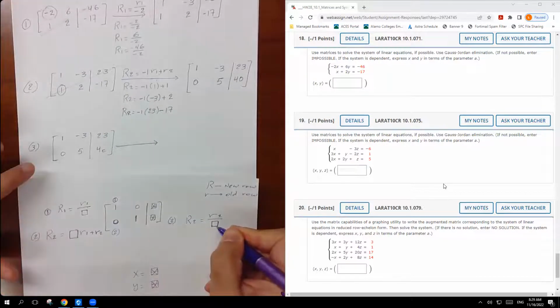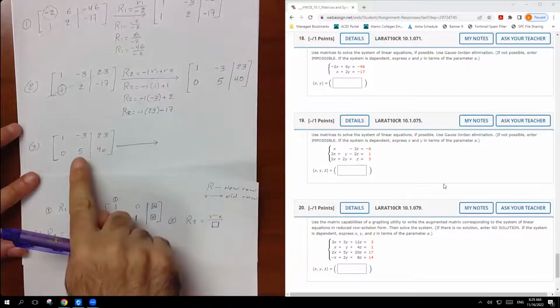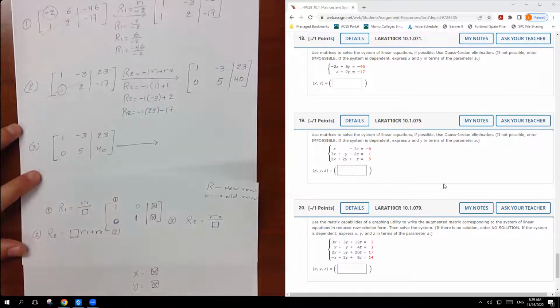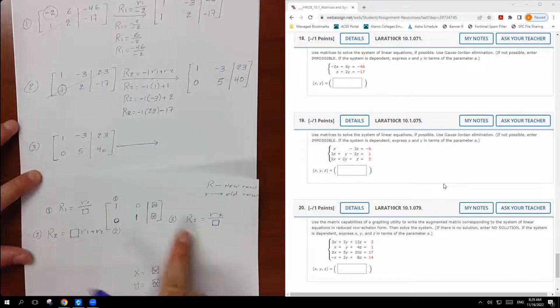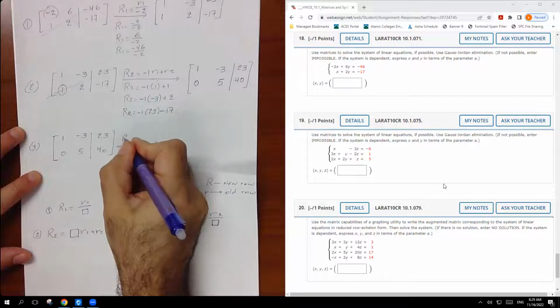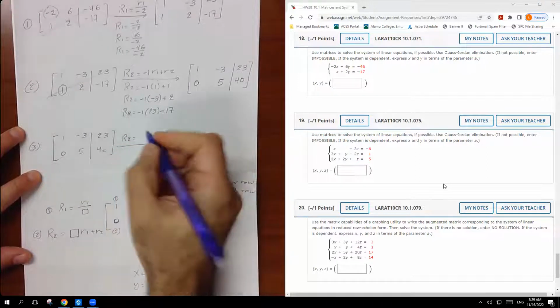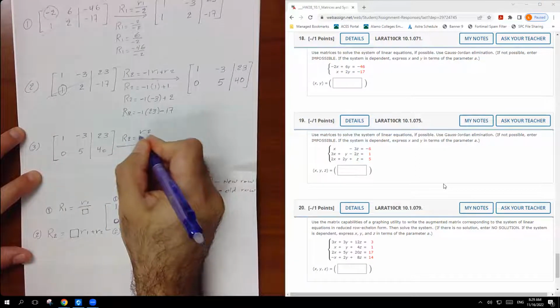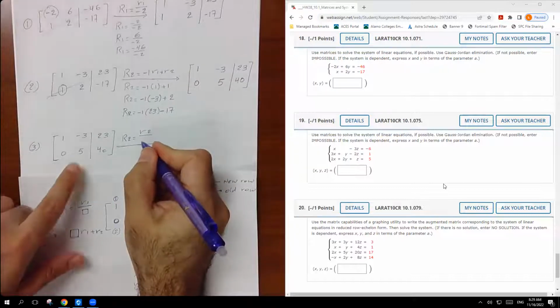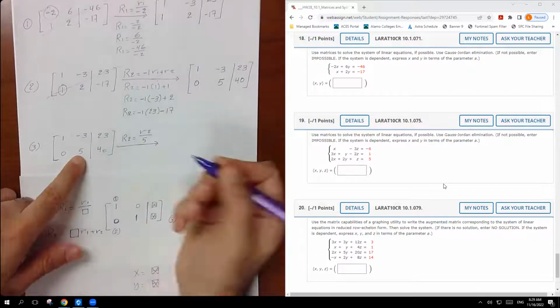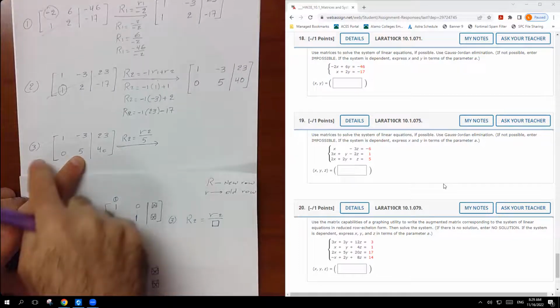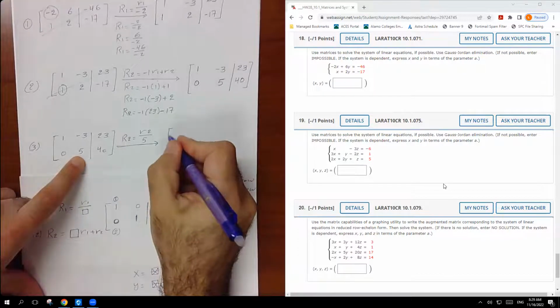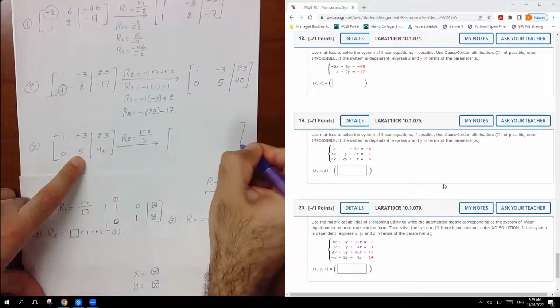How do we get this number? The number is going to be from this matrix. So to do step 3 here, we're going to get a new R2 by dividing the old R2 by, what's the number on this location? It's 5. So we're going to divide the whole row by 5. And then we're going to get a new matrix.